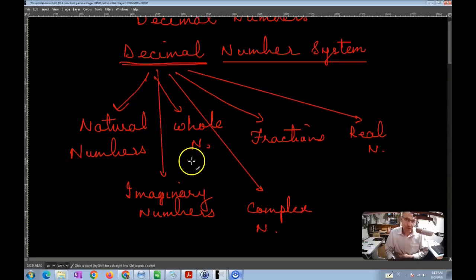Now, these are different types of numbers. We will get familiar with each and every one of them as we go through the different chapters.